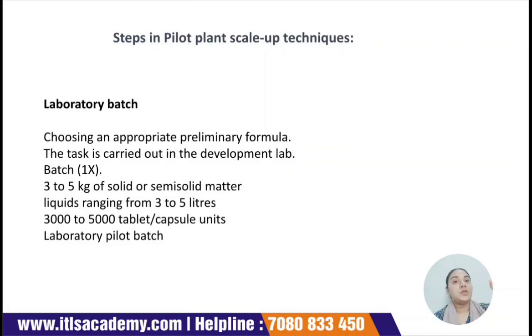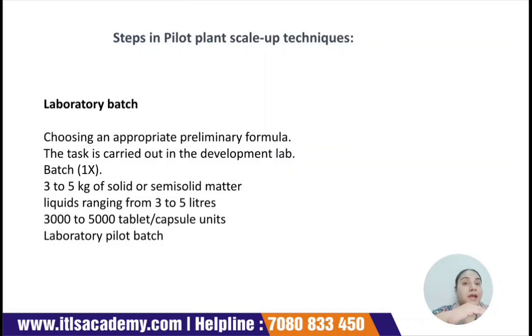Firstly, you choose an appropriate formula. Then the space where the task should be carried out should be well known. The task is carried out in a development lab, meaning a lab that is fully developed, with an appropriate amount of equipment and all kinds of machinery.